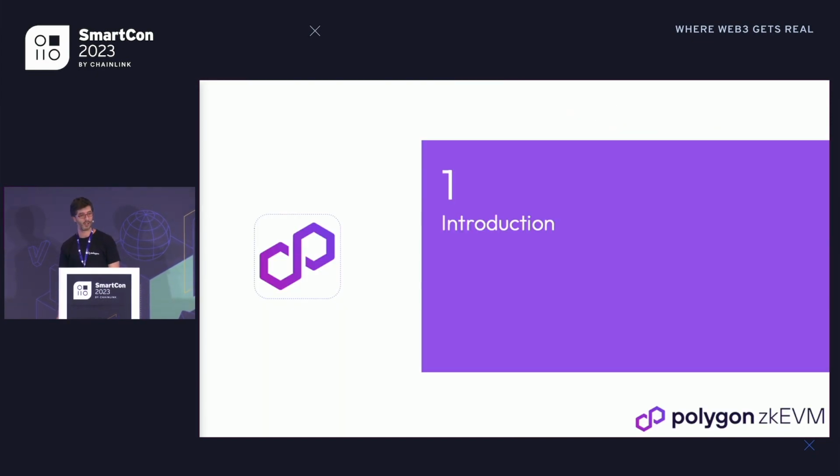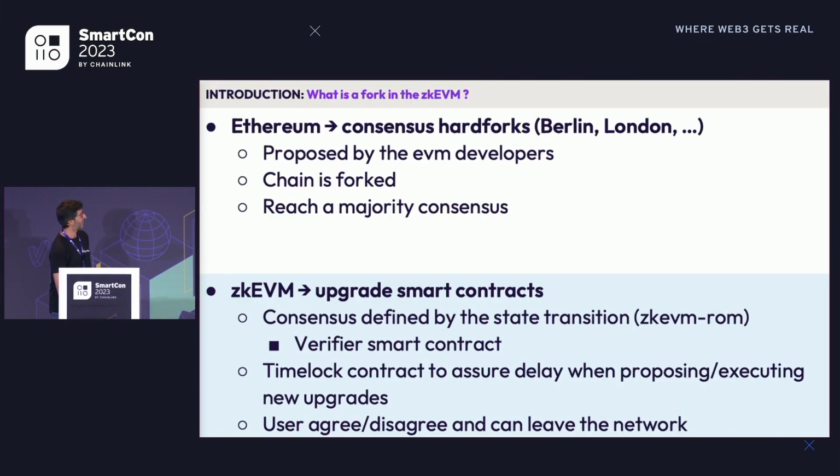Okay, so first of all, introduction. What is a fork in the zkEVM? Well, as you may know, in Ethereum, there are these kinds of hard forks, and they have different names like Berlin, London, Shanghai, the Cancun one. And basically, those upgrades to the Ethereum protocol are proposed by the EVM developers.